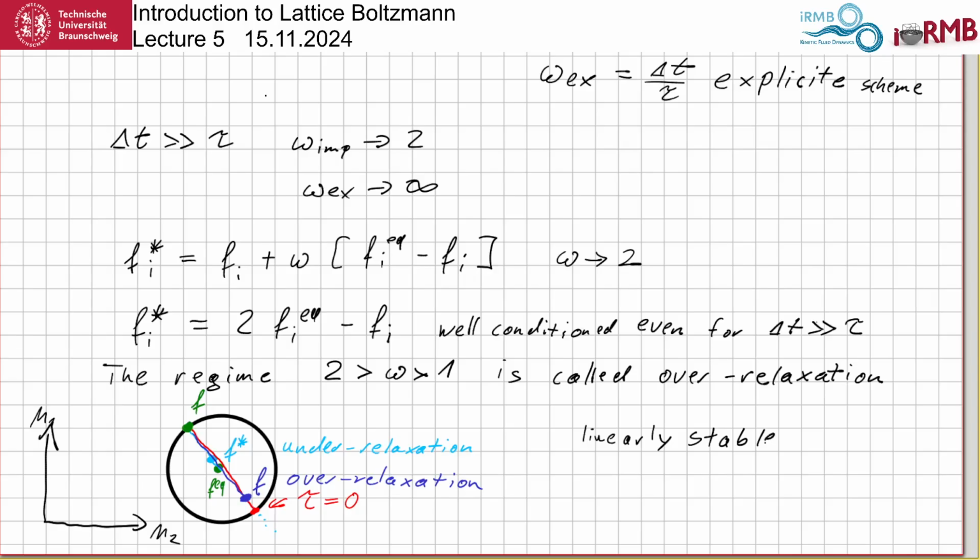Linearly stable is a bad word because fluid dynamics is not linear, and so it's also not actually stable. Yeah, but it's linearly stable for omega larger than 0 and excluding actually 2, because then it's only marginally stable.